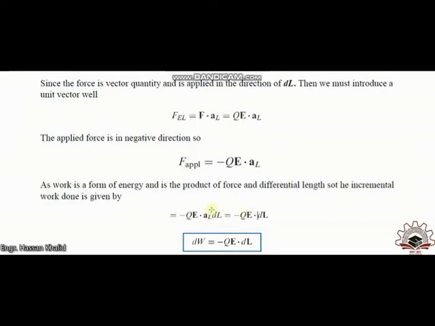Therefore we transform our incremental distance into a vector quantity, once again in a dot product with the electric field intensity. Since this is an incremental distance, the work done will also be incremental work, which can be formulated as incremental work dW equals negative Q, electric field intensity E, dot product with the incremental distance dL.